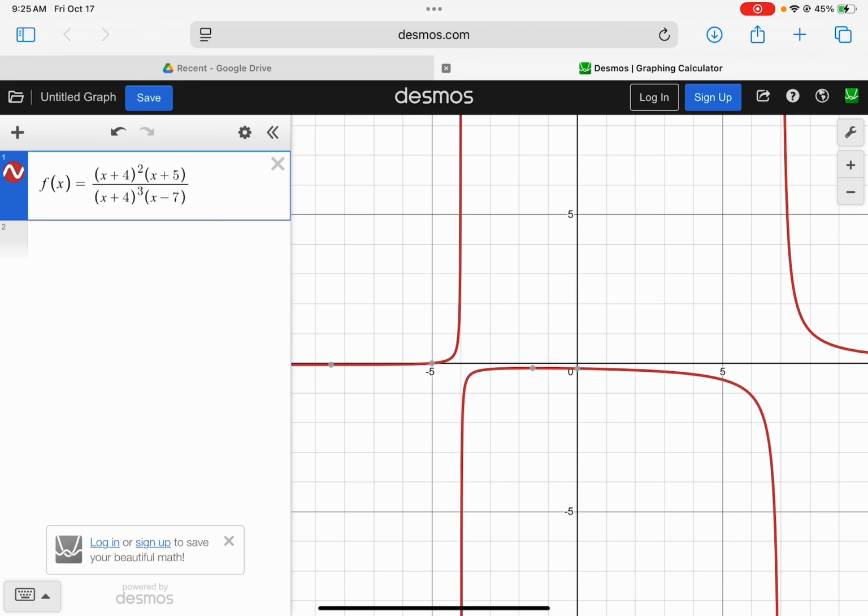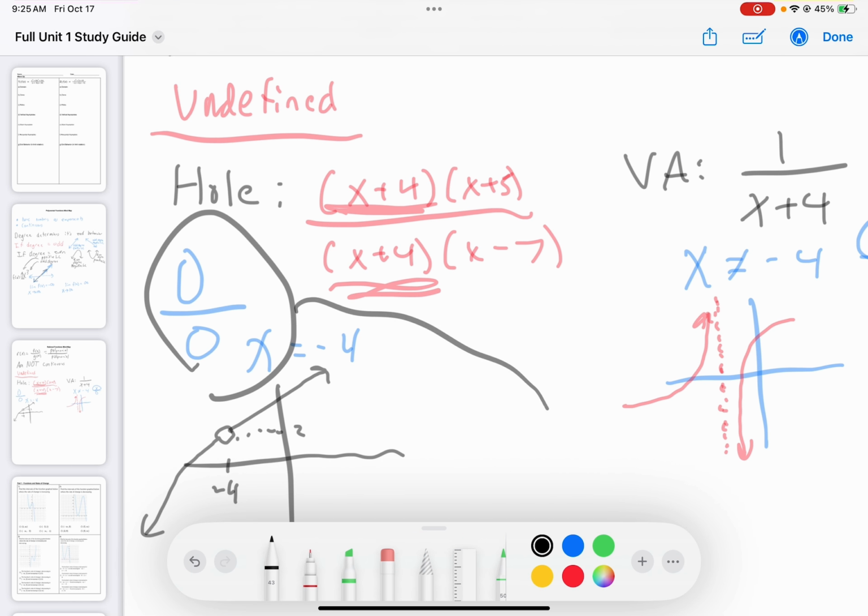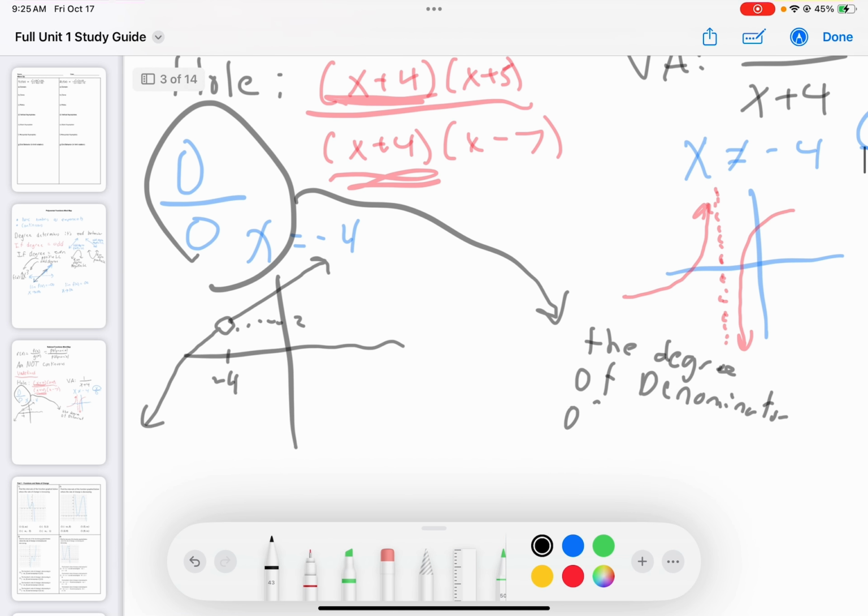It goes back to being a vertical asymptote. So the 0 over 0 rule is true unless the degree of the denominator of the factor is larger. Then we go back to being a vertical asymptote.